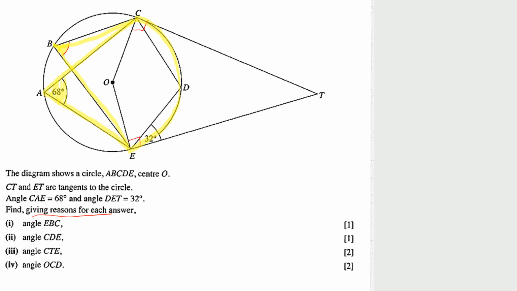So therefore, for part 1, angle EBC would be equal to 68 degrees, and the reason is angle in the same segment.